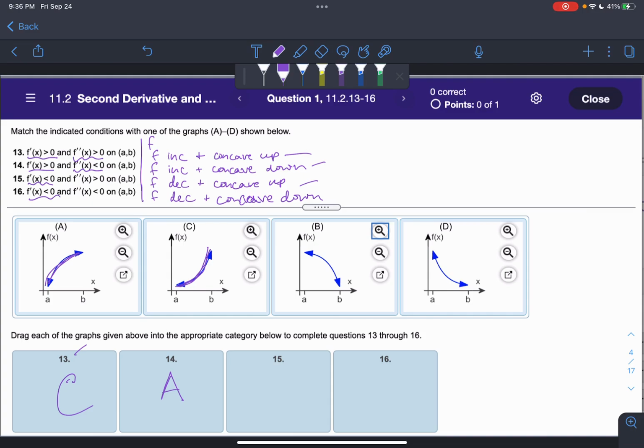So between B and D, which one's which? Well, B looks to be concave down, right? That upside down bowl. So that is 16. And then D is our last one, and this looks concave up, so that's 15.